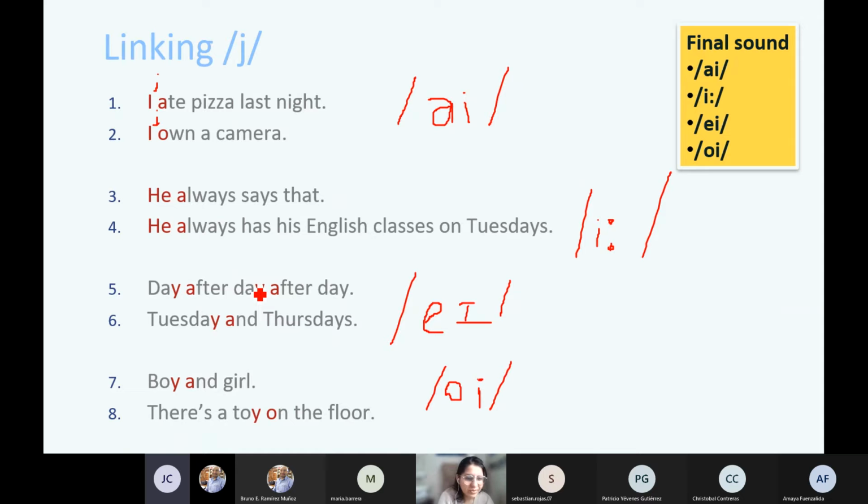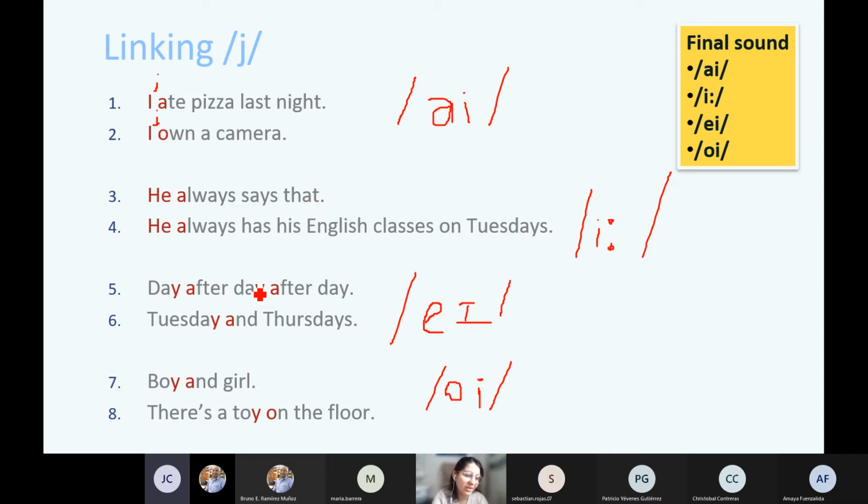Now, for the last two examples, we have "boy and a girl" and "there's a toy on the floor." So the first one says "boy and girl," and the second one, "there's a toy on the floor."